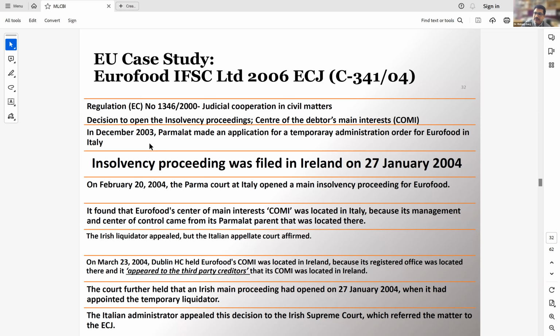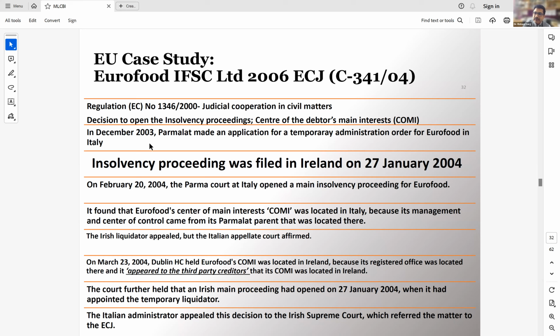So when the ECJ had to give a decision, the ECJ law is that whenever prior in time an insolvency application is filed, then usually that country will conduct the insolvency proceedings. So if there are grounds, and as we have seen here that in case of Ireland, the registered office of Eurofood was there, but in case of Italy, the parent or the nerve center was there.